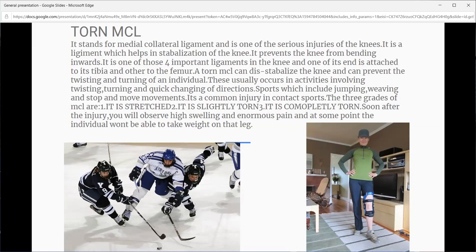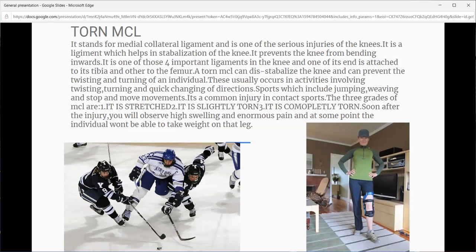So, there are three grades of MCL injury. First, it is stretched. Second, it is slightly torn. And third, it is completely torn. So this is the grading, and moving downwards, the intensity increases. Soon after the injury, you will observe high swelling and enormous pain, and at some point, the individual won't be able to take weight on that leg.